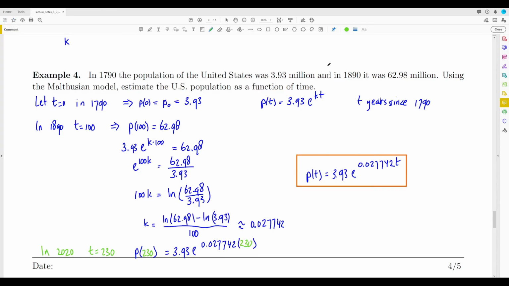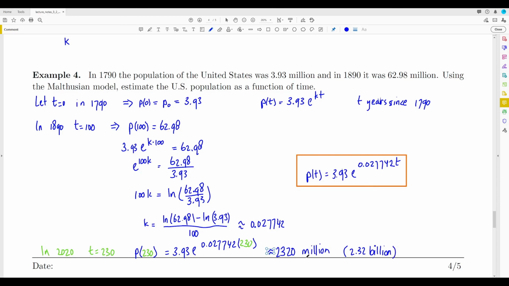And the approximate value of that is roughly 2320. Now, our units here are in millions, so this is million, or about 2.32 billion people.